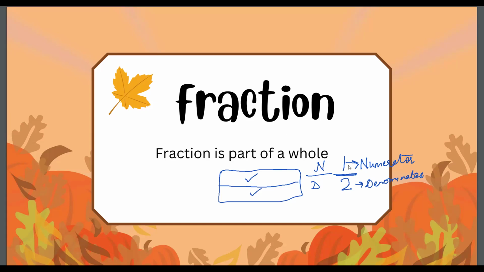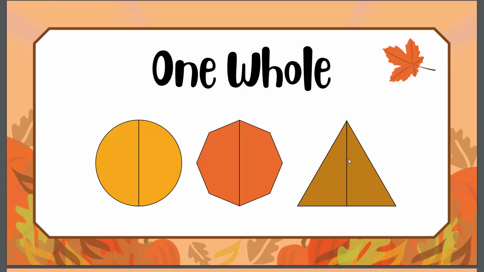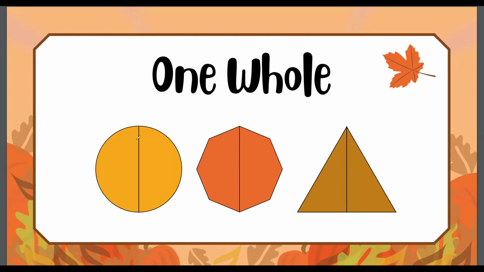Now let's move ahead with the diagrams. If you have a pizza in your house and you divide this pizza into two halves, but how many pizzas do we have? One whole. That means you didn't eat anything from this pizza, so this is a complete pizza, one whole.